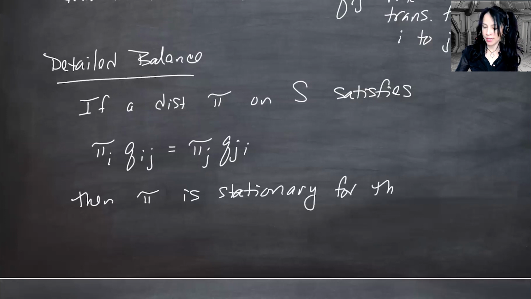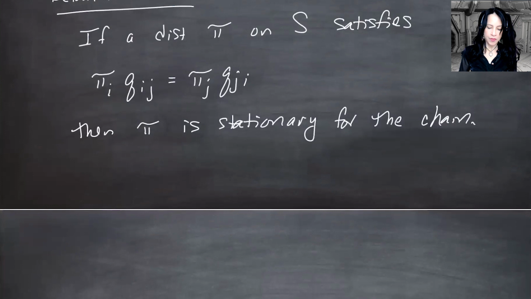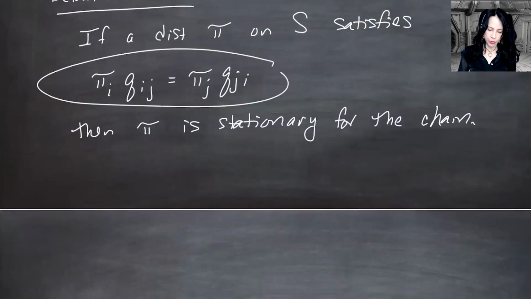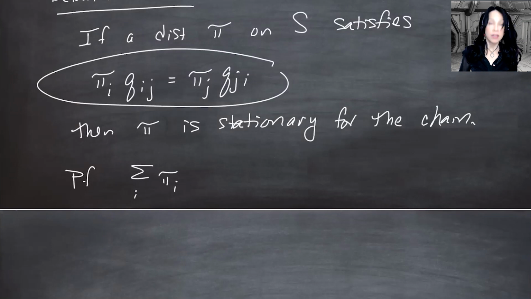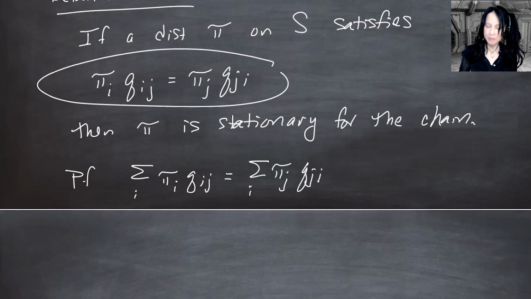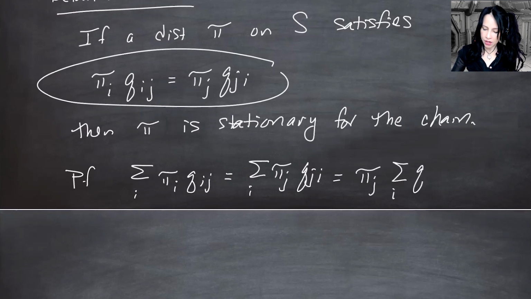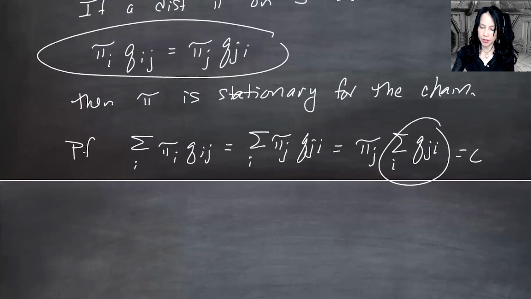We're going to sum both sides over i. So check it out. If you assume this holds and you sum both sides over i, then you get the sum over i of pi_i q_ij equals the sum over i of pi_j q_ji. And because that second sum is over i, we can pull the pi_j out. And now we find ourselves summing across the jth row of Q, but that sum is going to be 0.